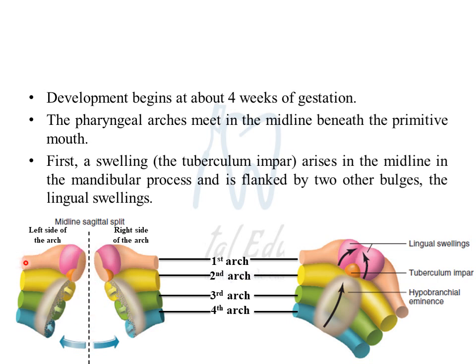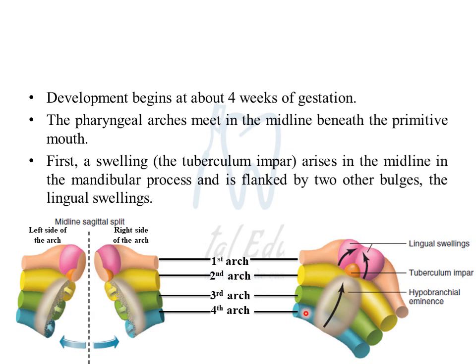The first pharyngeal arch on the left hand side meets with the first pharyngeal arch of the right hand side to make up a complete first arch. Similarly, the second pharyngeal arch of the left hand side merges with the second pharyngeal arch of the right hand side to make up a continuous second pharyngeal arch. It happens the same for the third and the fourth one. So you can see we have four complete pharyngeal arches.